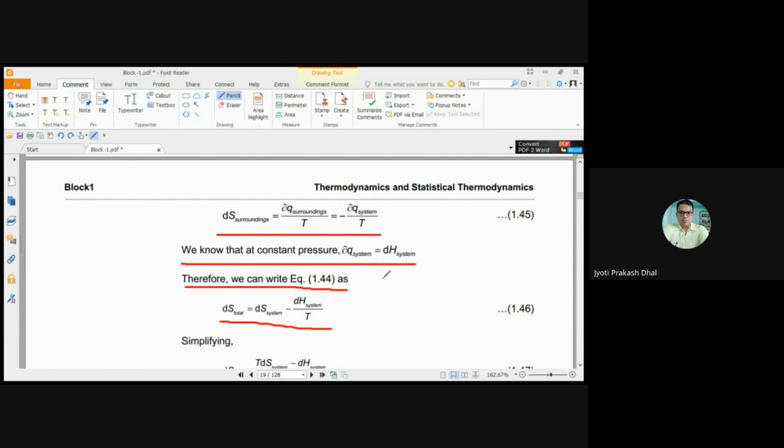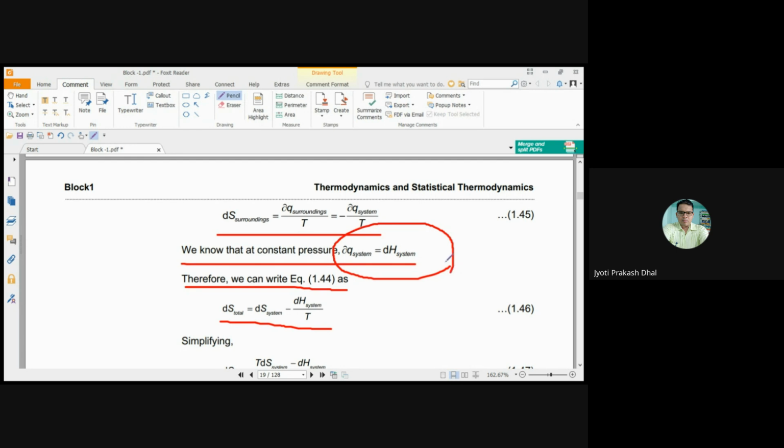And we know that at constant pressure, del q system equals dH system. So when the pressure is constant, the change in energy of a system is the change in enthalpy.